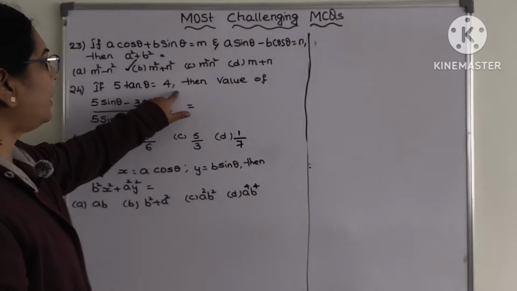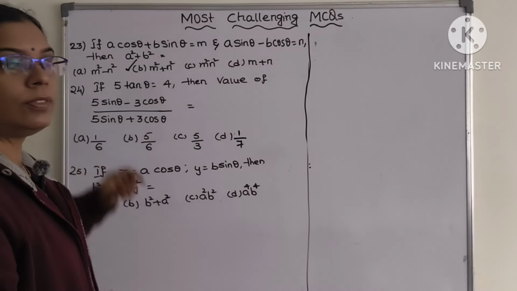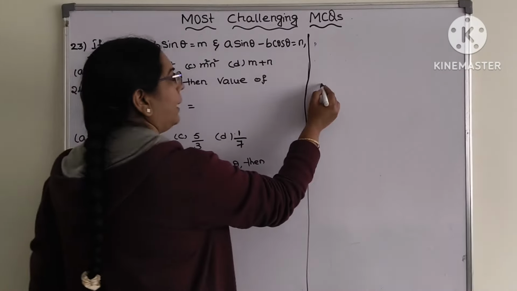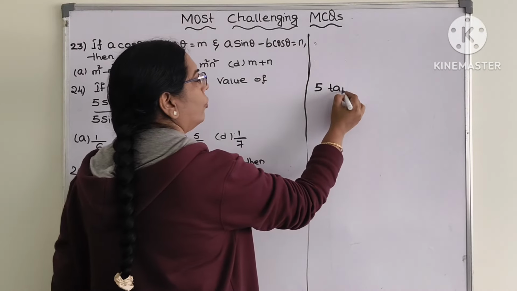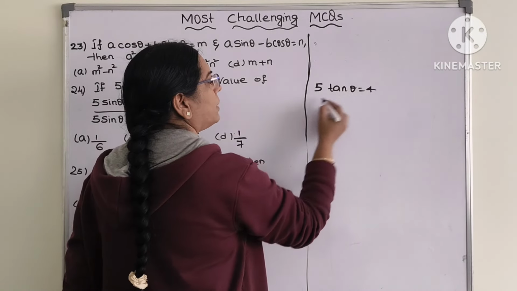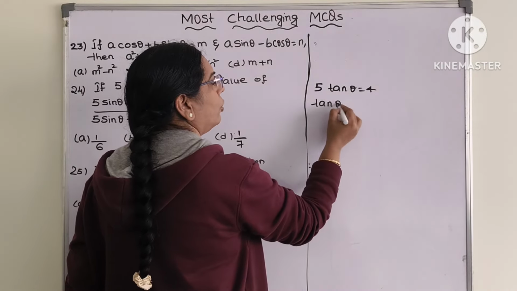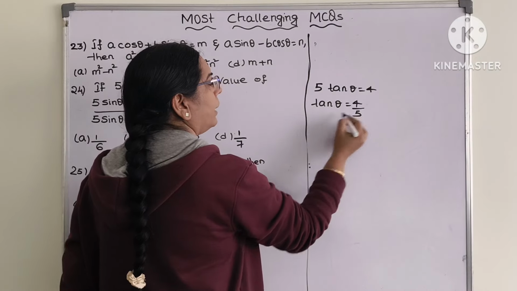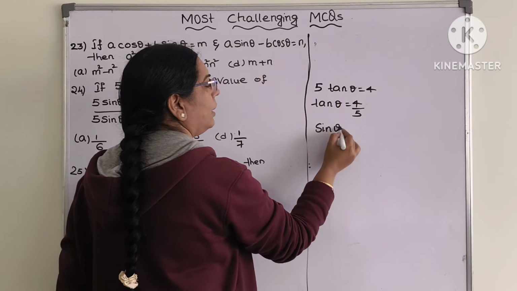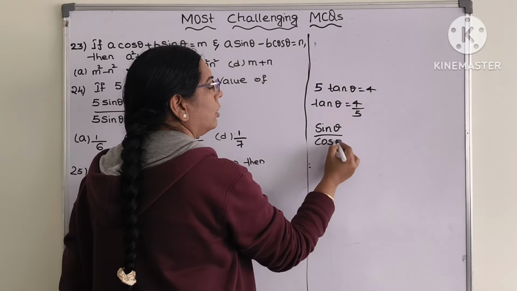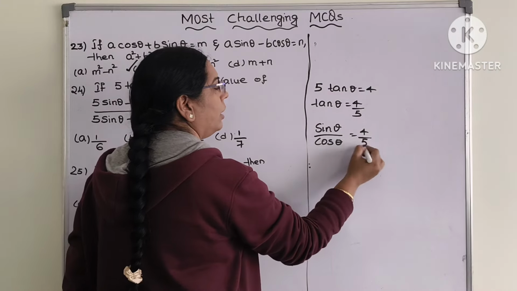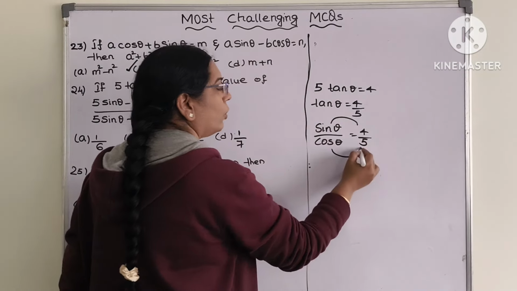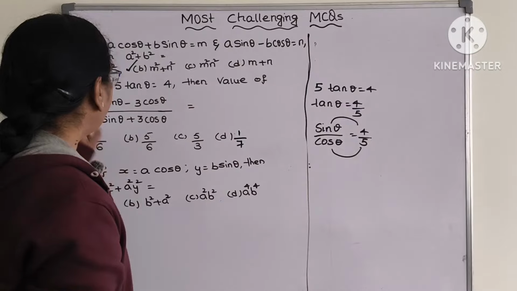If 5 tan theta is 4, we have to find the value of this expression. So 5 tan theta is equal to 4, which means tan theta is equal to 4 by 5. So basically tan theta can be written as sin by cos, which is 4 by 5. So sin theta value is 4, cos theta value is 5.